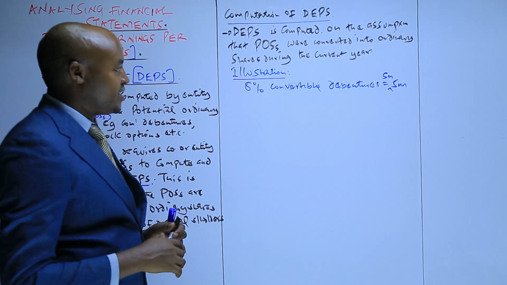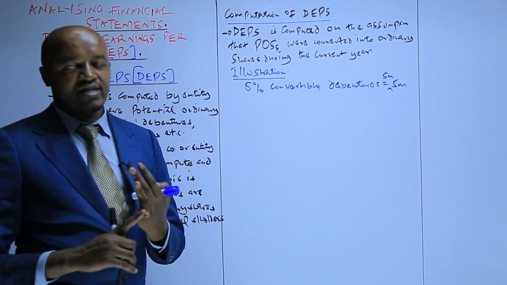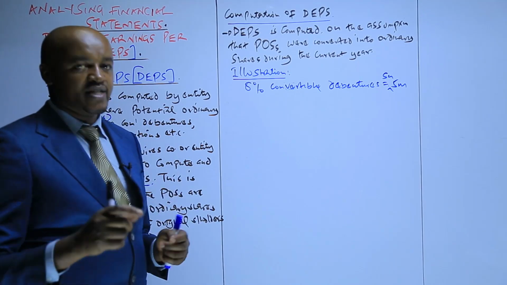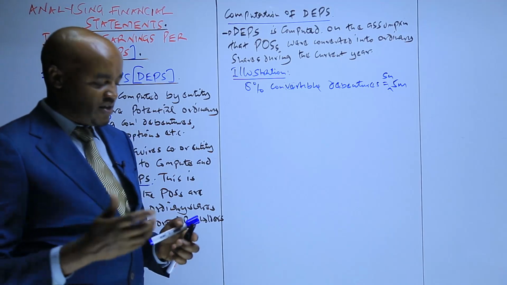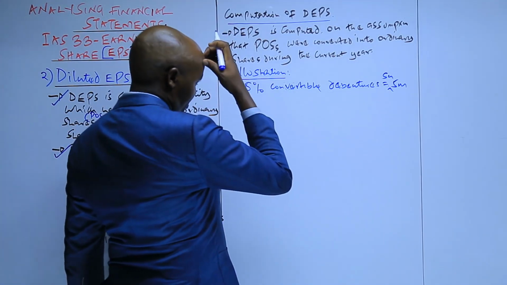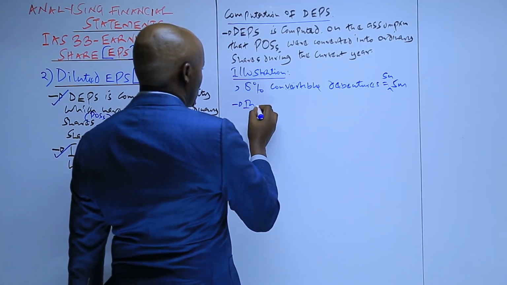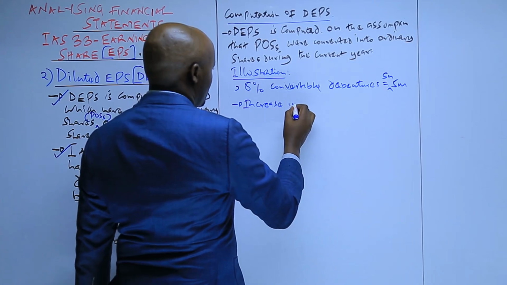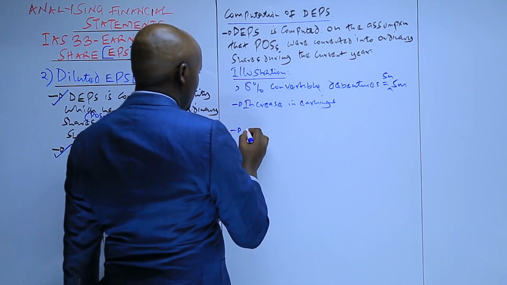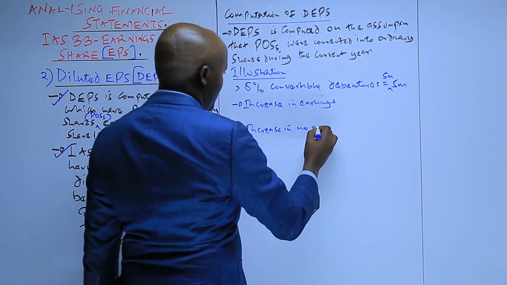If that was the case, then that would affect the profit attributable to ordinary shareholders, and two, the number of ordinary shares issued by this company will increase. Therefore, once you assume the conversion, you compute two items. One, you determine the increase in earnings. And number two, you determine the increase in number of shares.